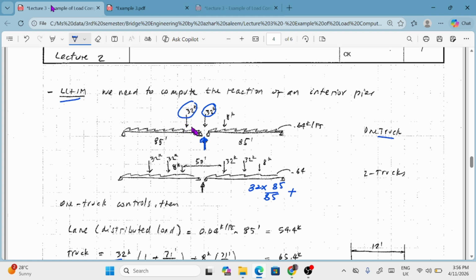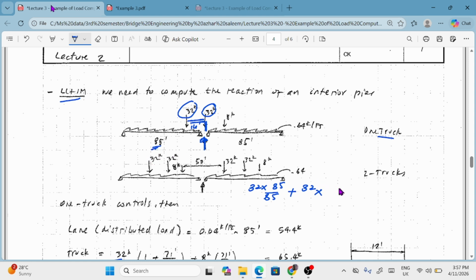I calculate the next load: 32 multiplied by, this is far from the pier position, 14 feet, so 85 minus 14, divided by 85.